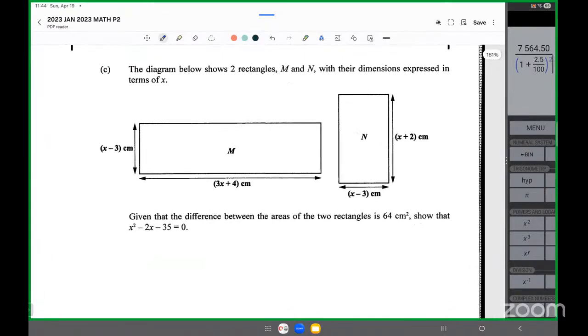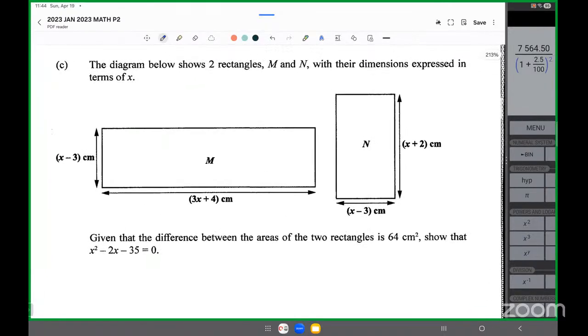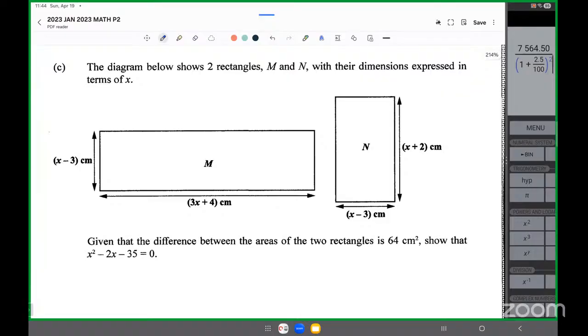Next question said, the diagram below shows two rectangles, M and N, with their dimensions expressed in x. The dimensions of M are this and that. The dimensions of N are this and that. I'm observing that this and this are the same: x minus 3, x minus 3.